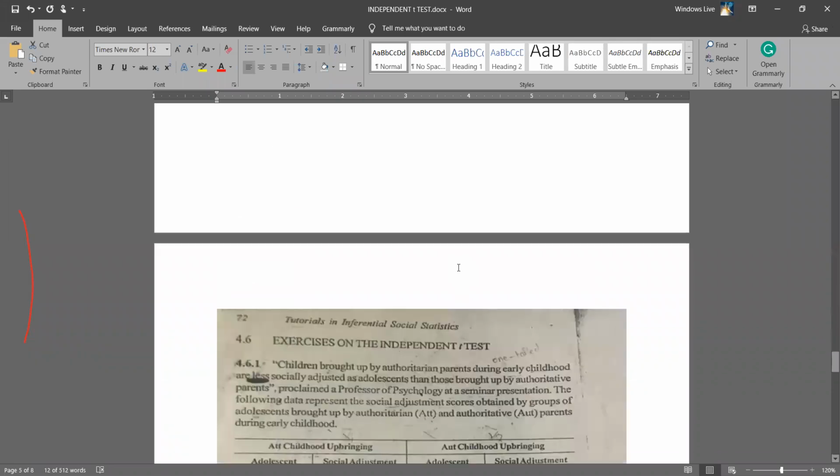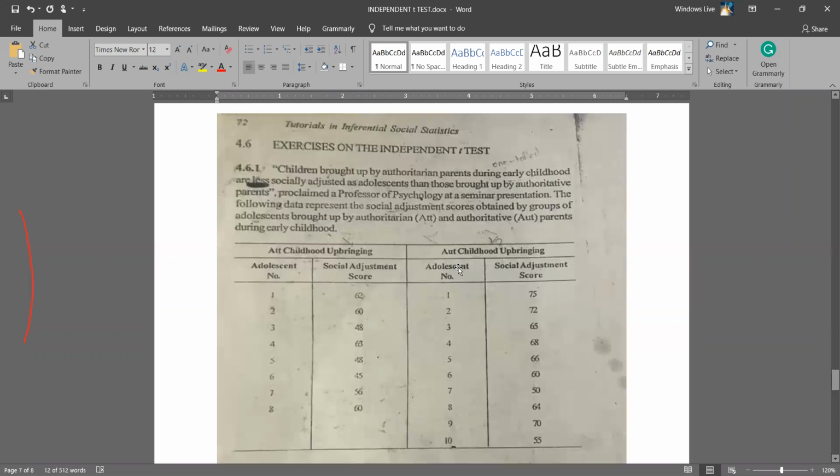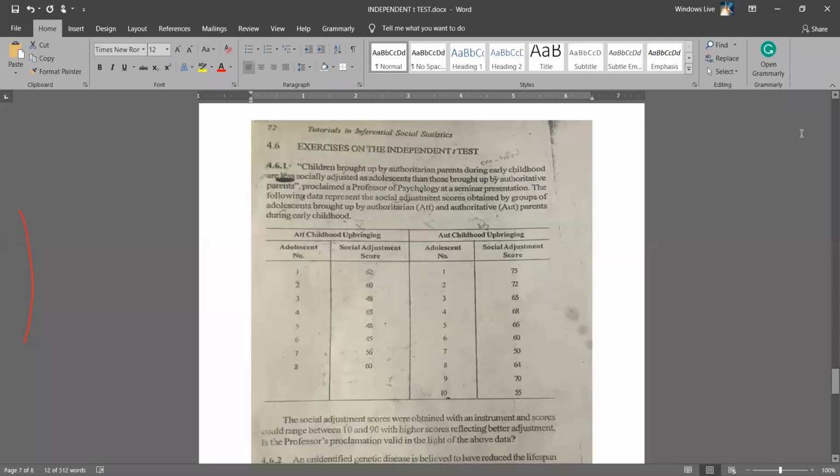So I tried to get a sample question for you. And I'll try and share this document on your Sakai platform so that you can have access to it and even try your hands on it. So these are examples of independent t-tests. So let me read.